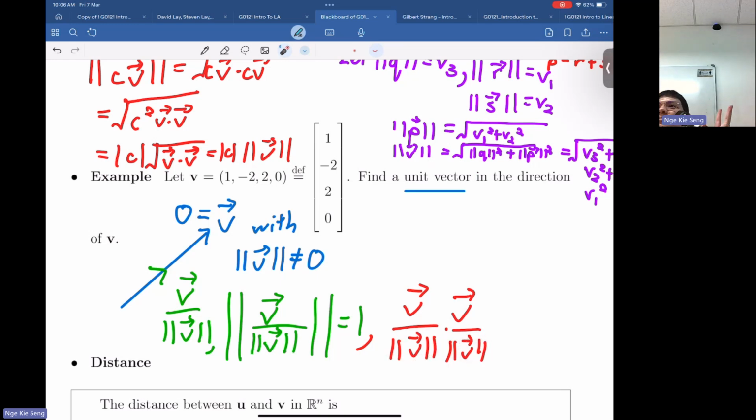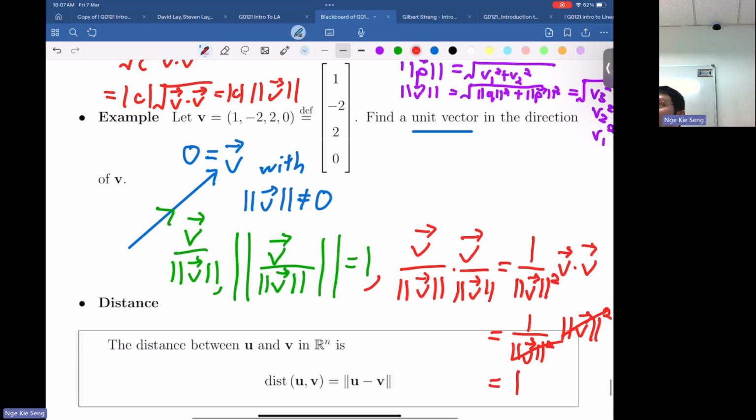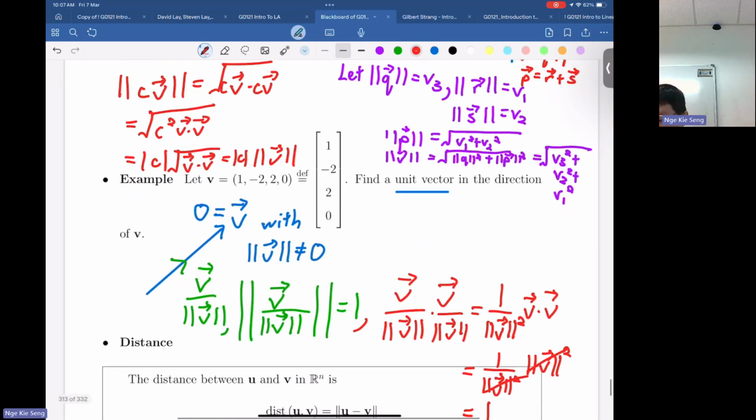Treat it as C. So you can pull the C out from the dot product, and then you have V dot V. But what is V dot V? It's the length, right? But is it the length squared or just the length? Length squared, right? So the length squared cancels out and you just get 1. Okay, so this is how you find the unit vector.